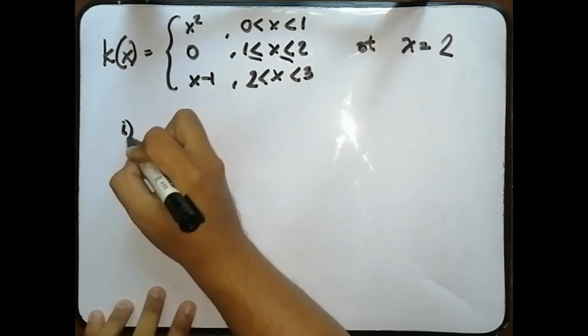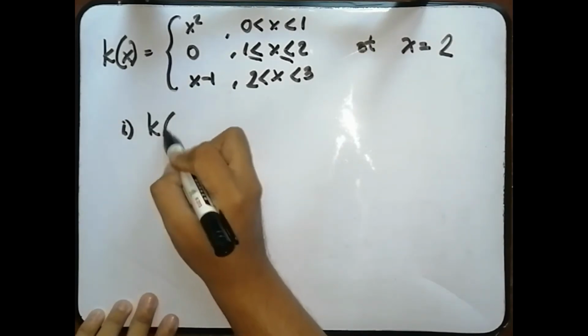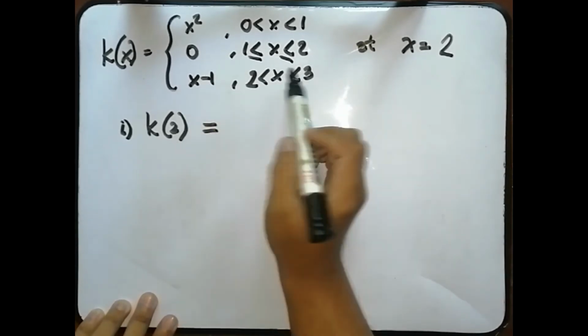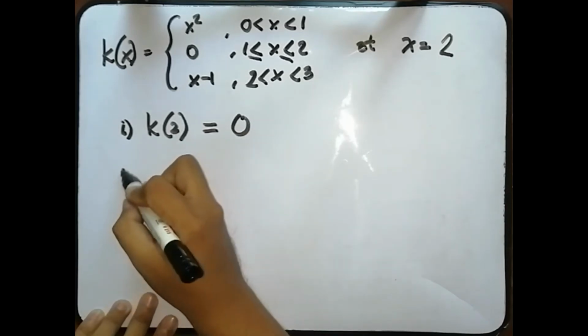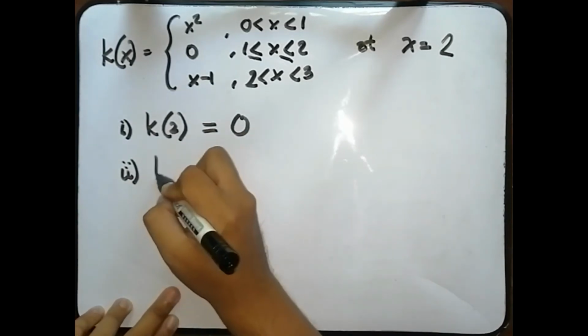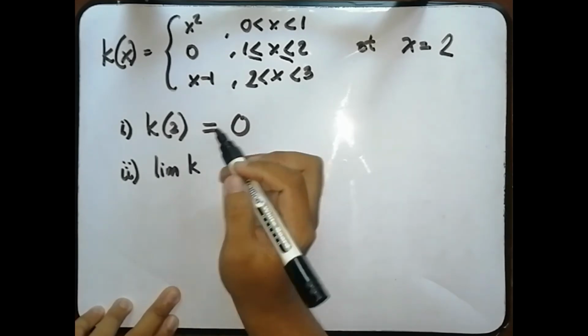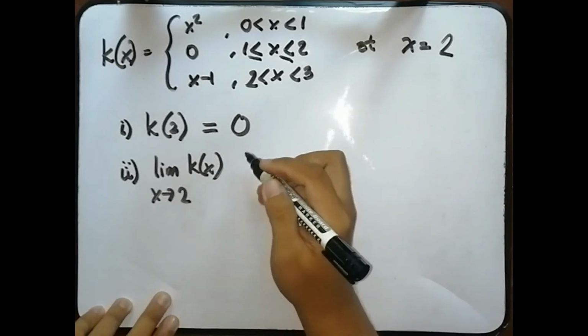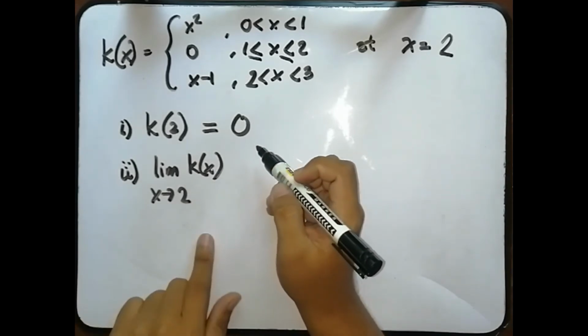So let's check. First criterion, k of 2 must be defined, and this is equal to 0. Second criterion, the limit of k of x as x approaches 2 must exist.